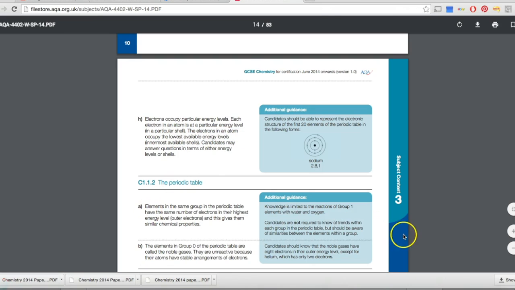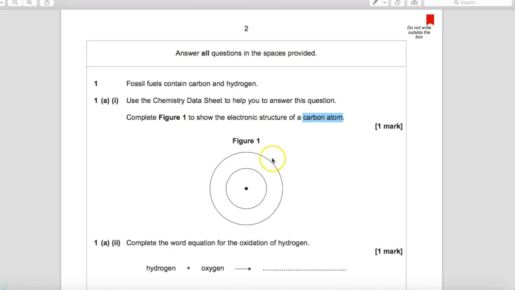So that means when we go back to our paper that we're going to start filling in our electrons here, closest to the nucleus, and then fill them outwards. Now we know that the lowest energy level, this one on the inside, can hold 2 electrons. The outermost energy level in this diagram can hold 8. So we've got 2 in the middle, 8 on the outside, but we don't have enough to fill the outer shell completely.